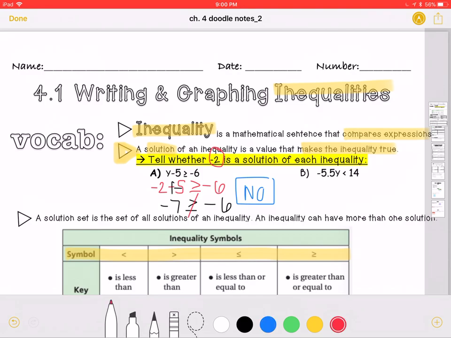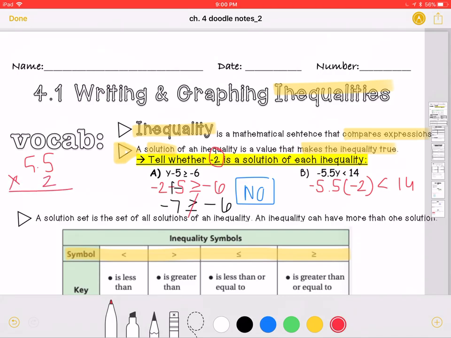Let's try the second one. Same thing, we're going to plug in -2 for our variable. So now -5.5 times a -2. We'll evaluate that to see, is that greater than 14? If I have 5.5 and I double that, maybe you know your facts, or maybe you need to go off to the side. There's plenty of room over here. Let's actually multiply those.